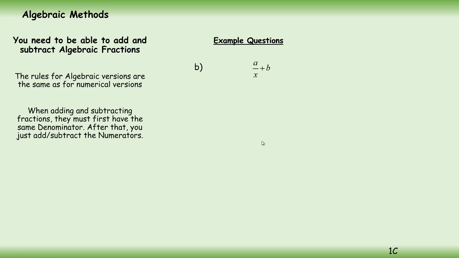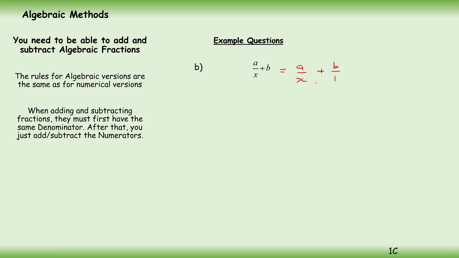Second example, a over x plus b. So in this case, we've got a over x plus, now this is, we can call this b over 1, say.